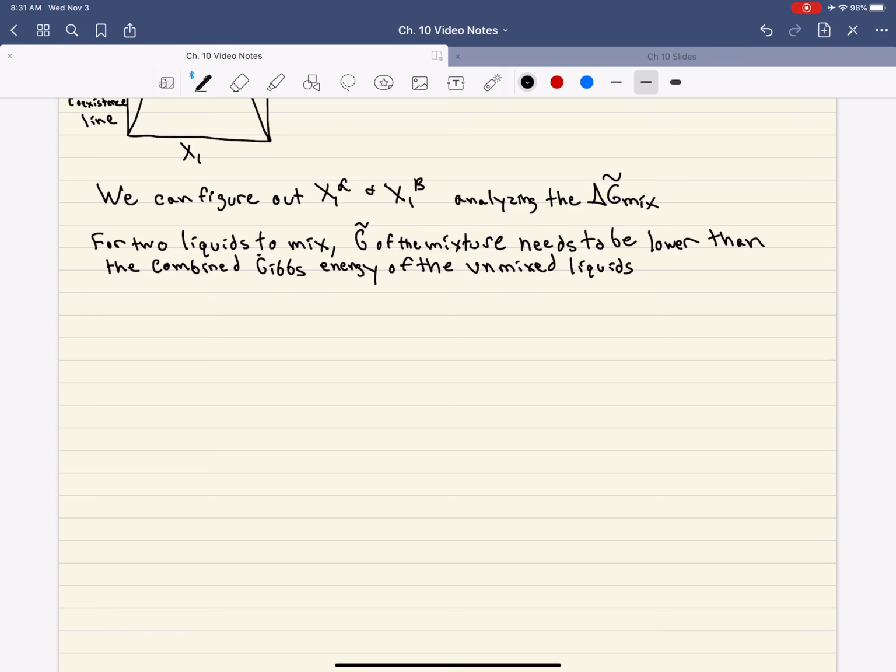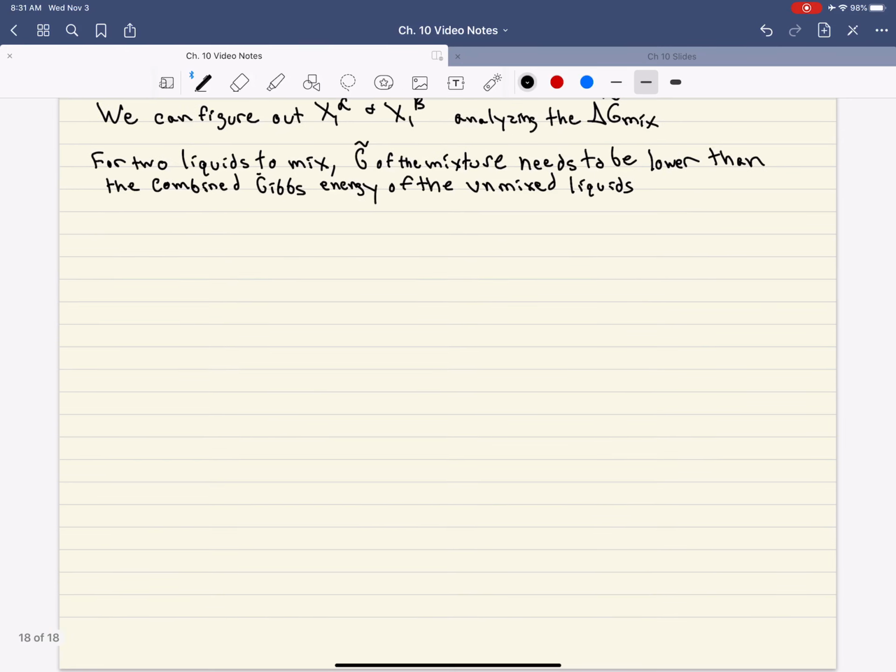Okay? And so that's what it is in words. Mathematically, that would just mean that your delta G mix, which is the molar Gibbs energy of the mixture minus the weighted average of the pure species molar Gibbs energy, needs to be less than 0. Right? That's all this is saying.